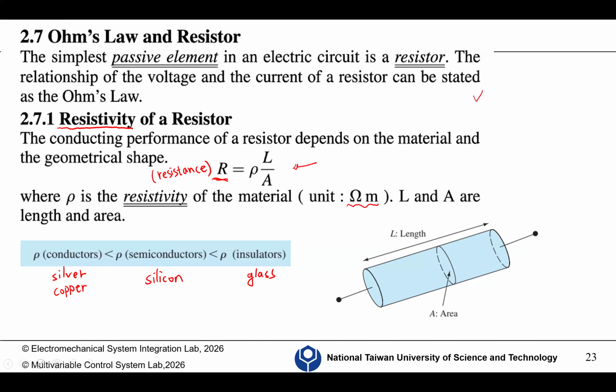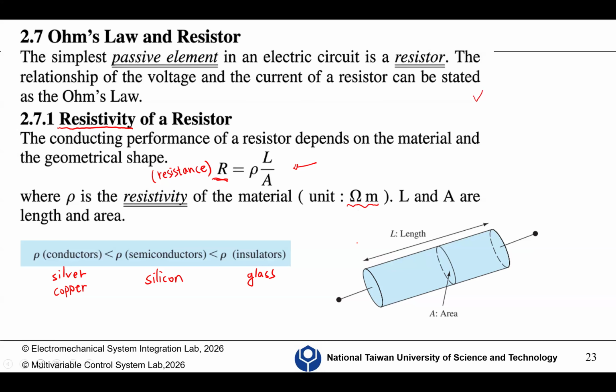This formula is very easy to understand because the larger the cross-section area, the more electrons can go through. So the area is in the denominator, and the larger the area, the smaller the resistance, which means more electrons can flow through.